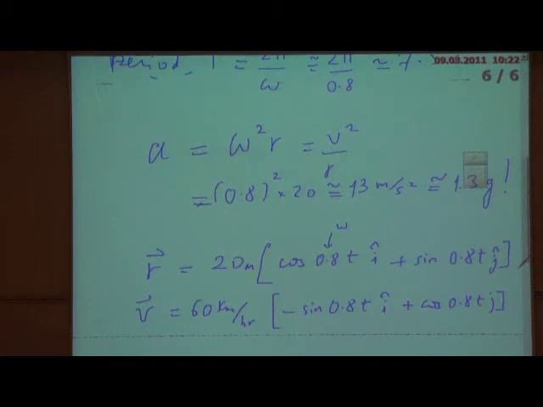And let me now write the acceleration over here. A, I know its magnitude. Okay? Its magnitude is 13 meters per second square, just omega square r. I put a minus, the radius direction.